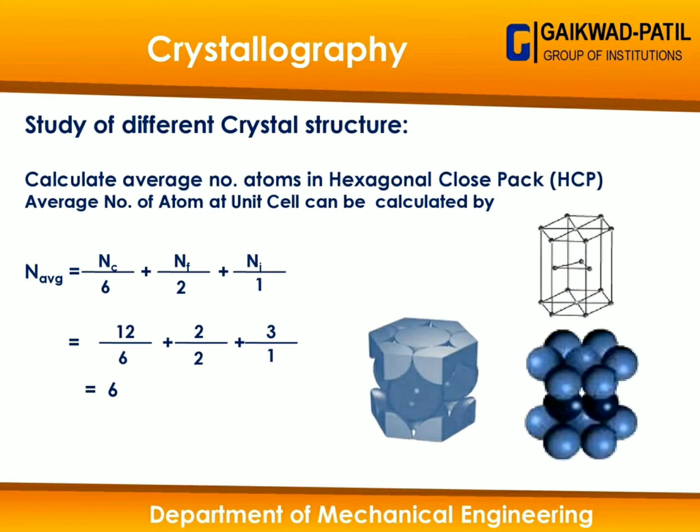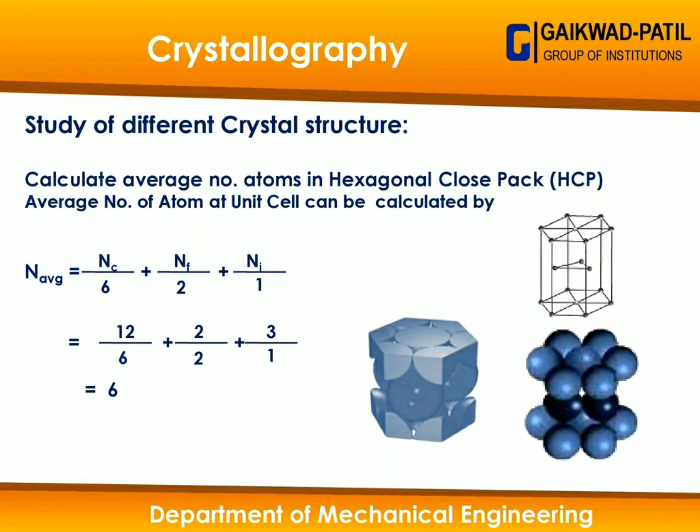So at the corners of the hexagonal crystal structure there are 6 atoms at the top and 6 atoms at the bottom, meaning 12 atoms occupy the corners of the hexagonal closed pack crystal structure, and atoms also occupy each face, meaning 2 atoms at the faces and 3 atoms at the center or interior of the crystal structure. So how does that formula evolve?